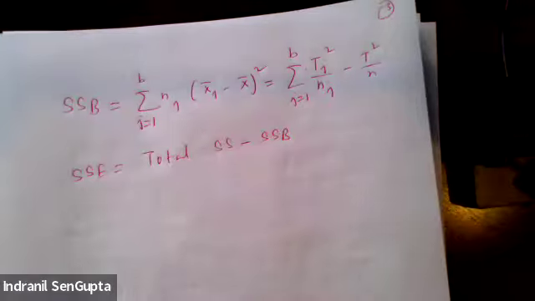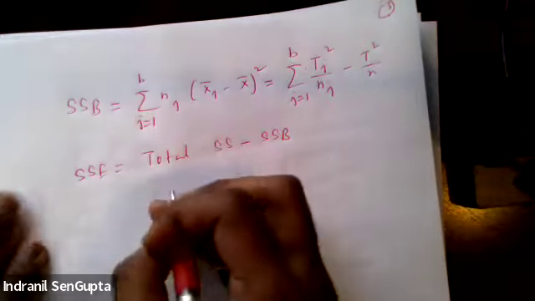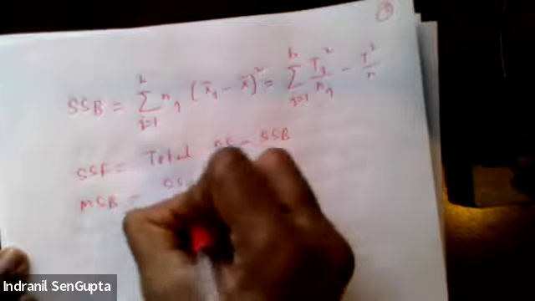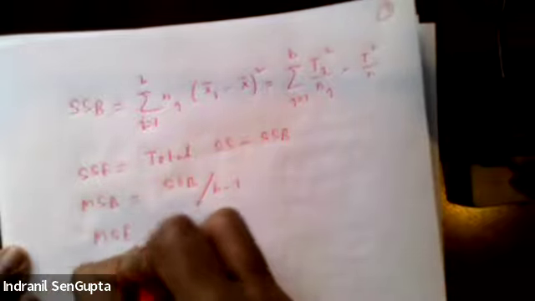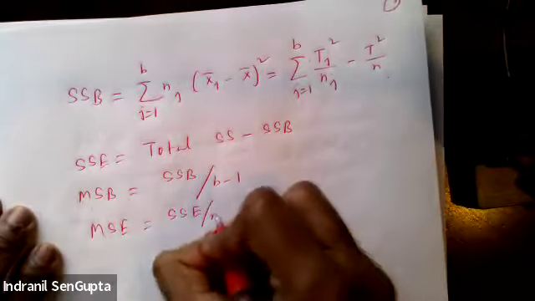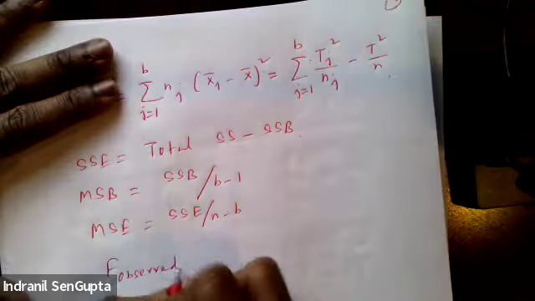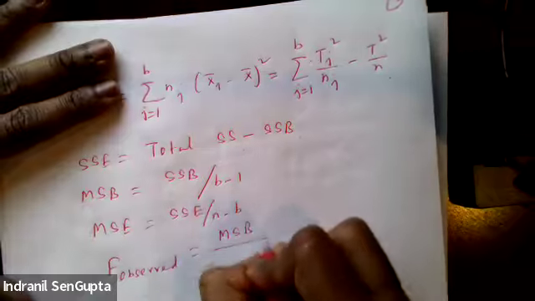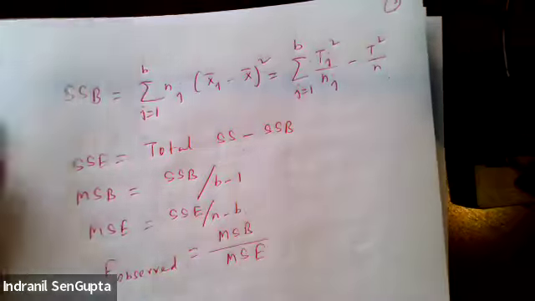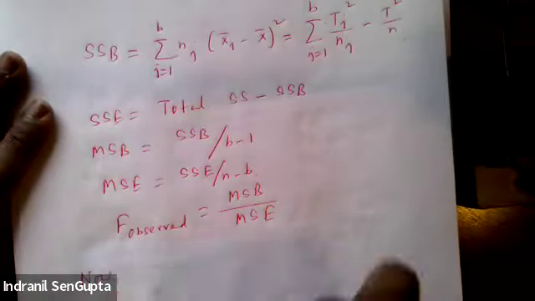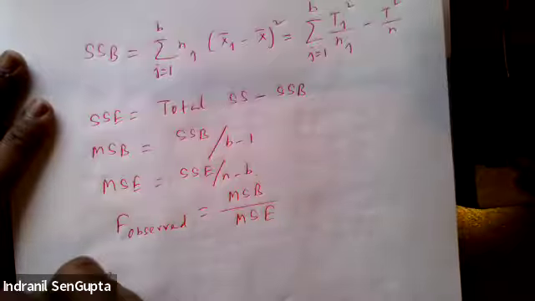Once it's done, it's almost mechanical computation for me. So MSB is SSB over b minus 1, MSE is SSE over n minus b, and F observed is MSB over MSE. Now we can use the ANOVA table. So this is the procedure.